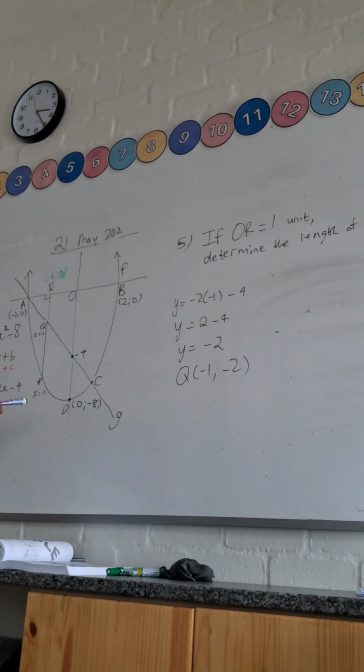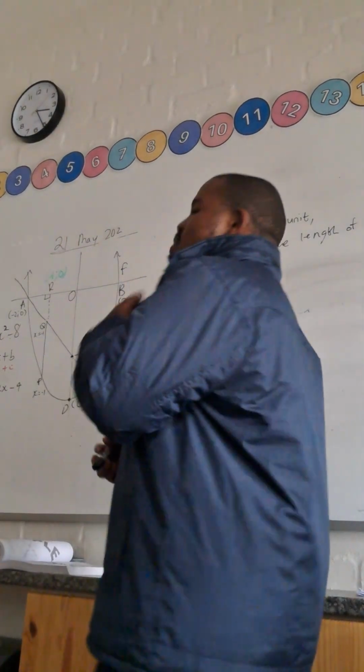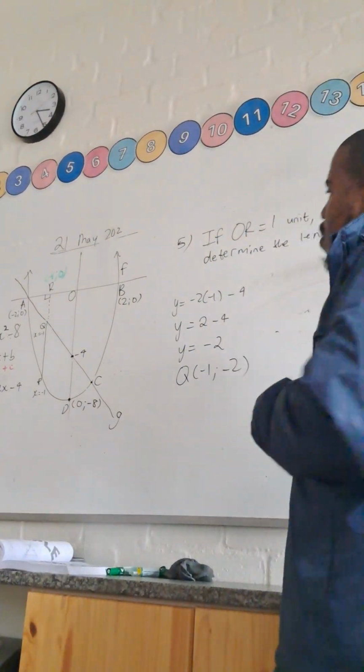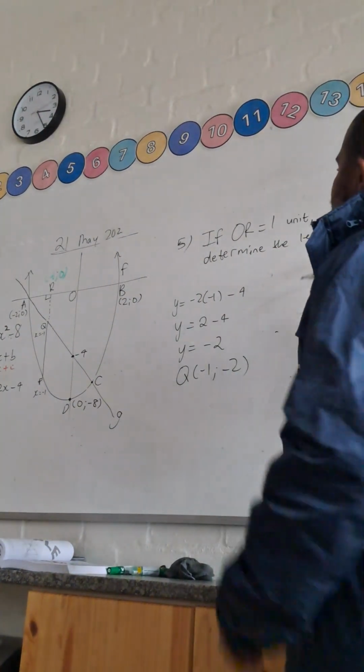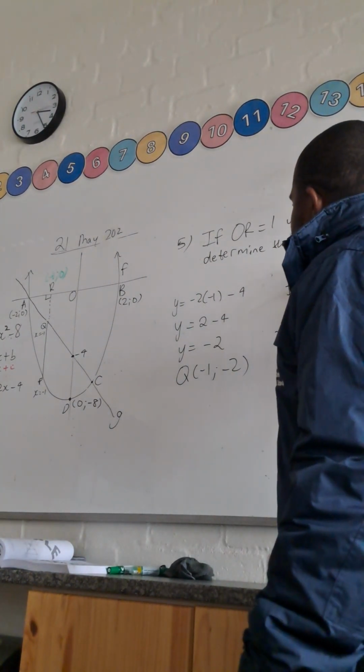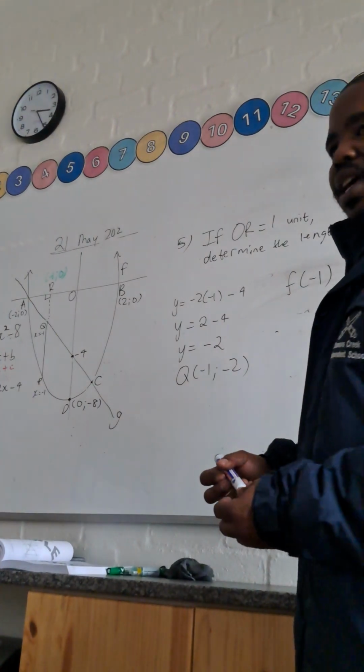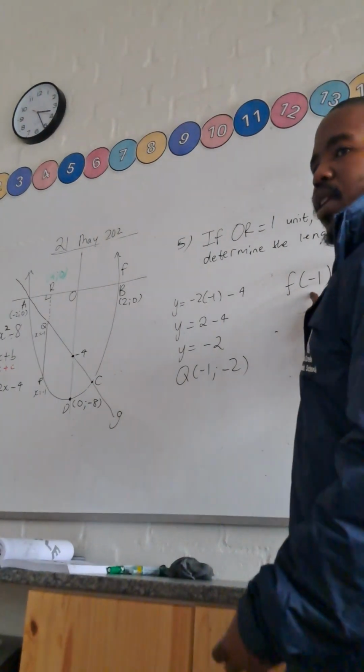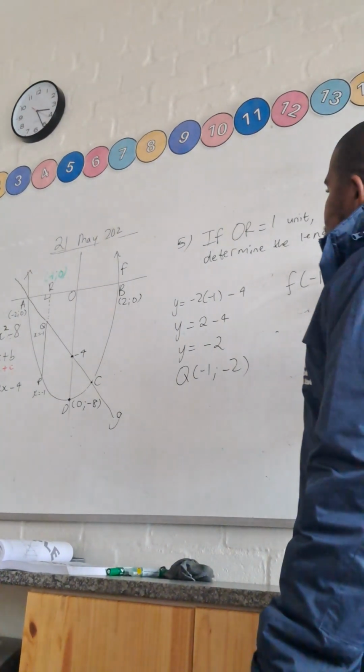Okay. Now we need to find the y coordinate of P. How are we going to find it? We're going to substitute x equals -1 into the parabola. Here's another way of writing this. Very important, and I'm emphasizing: instead of writing y, a more precise way of writing this would be f at x equals -1.